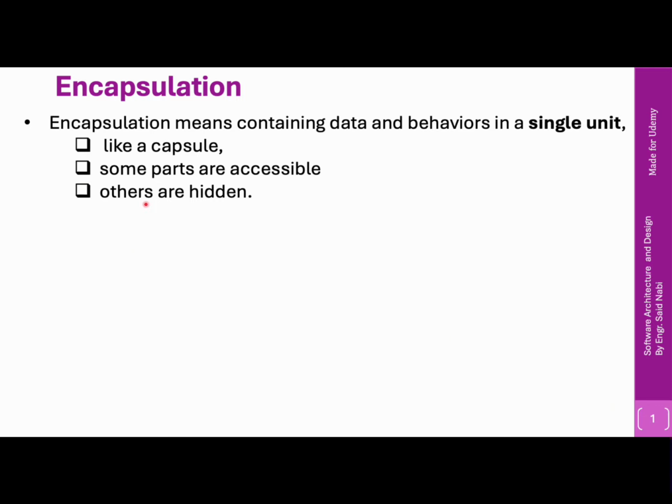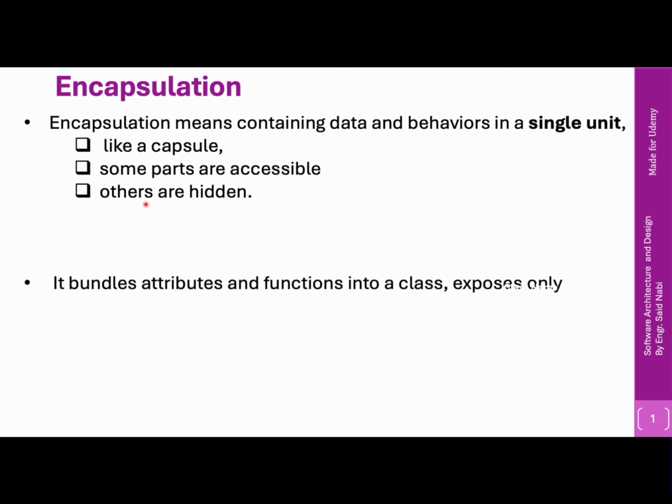Then we can keep some of the behaviors and data private, and some can be kept public, which can be accessed from anywhere in the program. Later on we will see that with extensive examples, so you will understand it deeply.